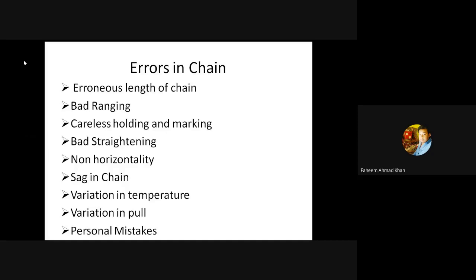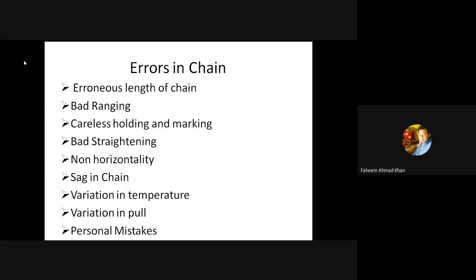A long scale is kept parallel to the chain line at a distance equal to half the length of the offset scale. The offset scale consists of a small scale having the zero mark in the middle. The zero of the long scale is kept in line with the zero of the chain line.